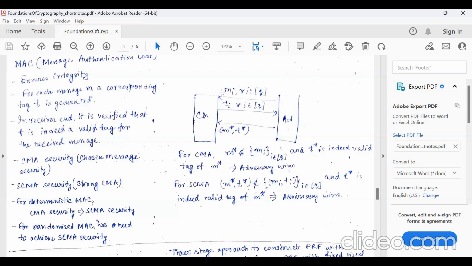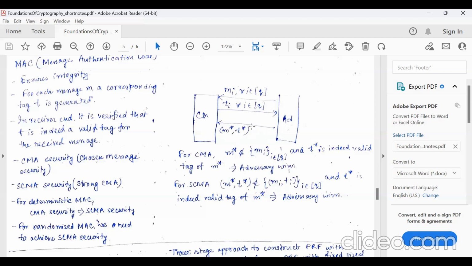So the adversary here requests the tag of its chosen message, say Mi, and for every chosen message Mi, it gets back from the challenger as response the tag Ti for each message Mi. Okay. Now, after seeing polynomial number of such message tag pairs, the adversary's job is to come up with a new message tag pair.